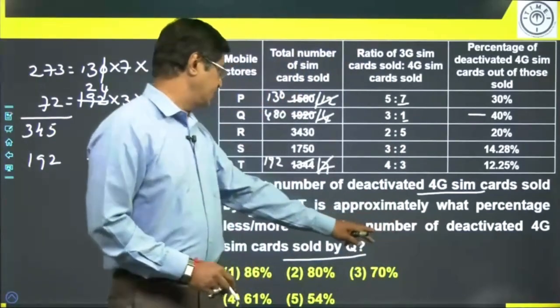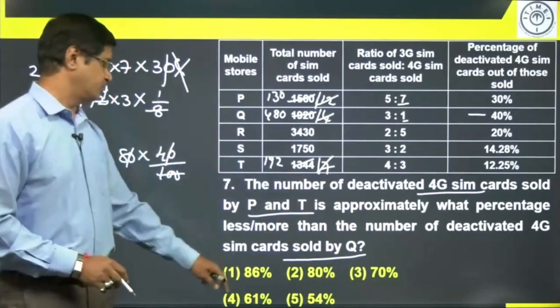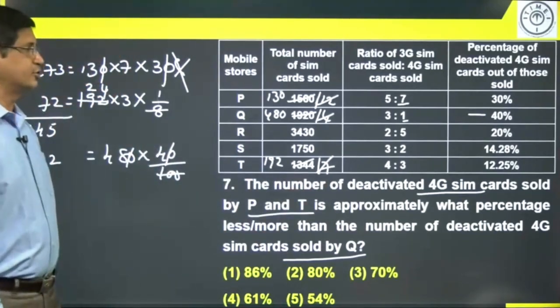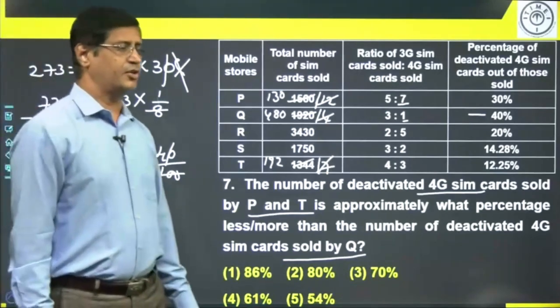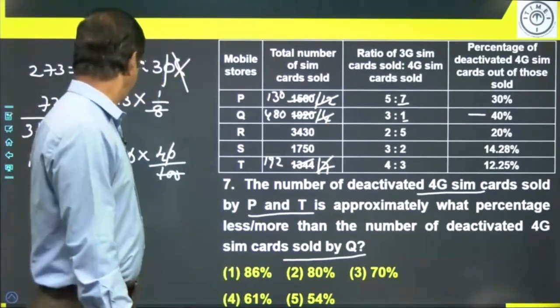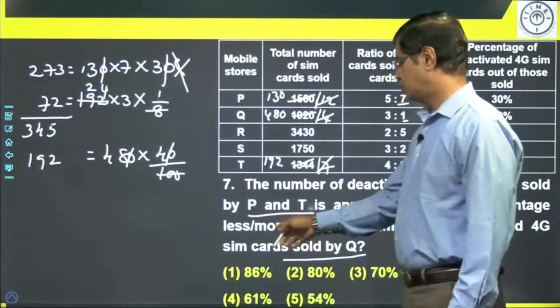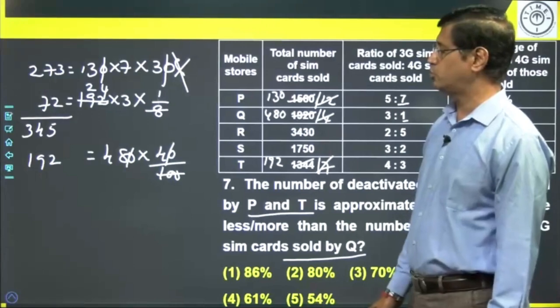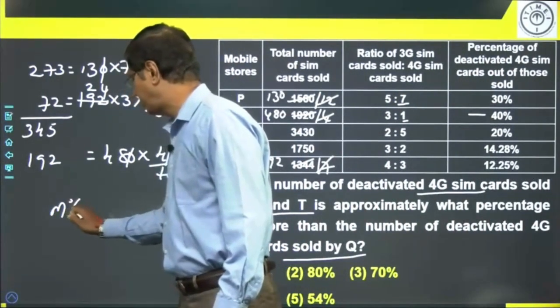What is being asked here? So what to find here? Is it more or less than? Just observe, 345 and 192. What is the observation? 345 is more here. So for a percentage more, it is the difference by the smaller value into 100.